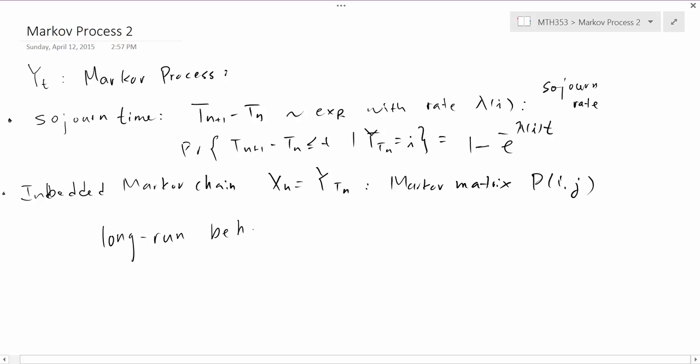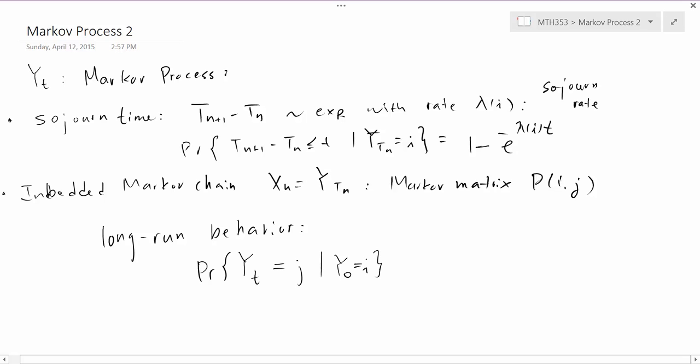Now, how do we describe long run behavior? Usually we use this probability. Say we have time t very long. We are asking, look at the process: what is the probability that your process is in state j if we know that initially the state is i?